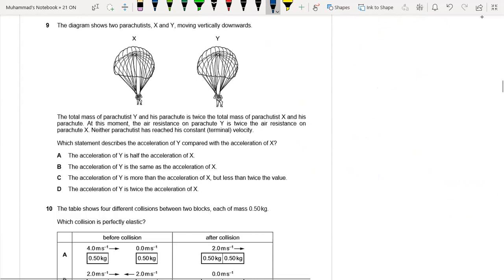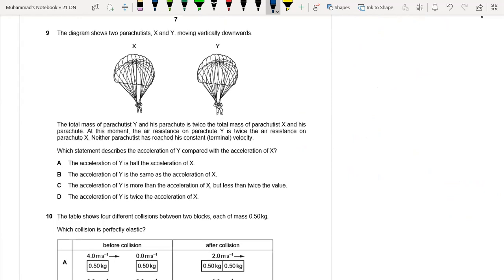Question 9. This is again a very interesting question. The diagram shows two parachutists, X and Y, moving vertically downwards. Okay. So let's see what information is given to us. The total mass of parachutist Y and his parachute is twice the total mass of parachutist X and his parachute.